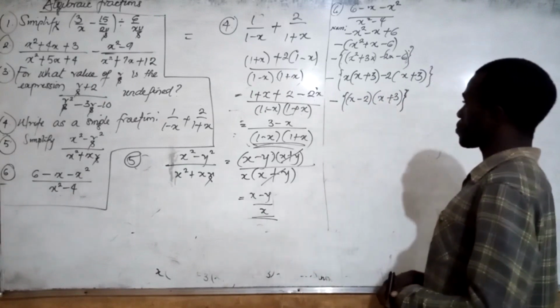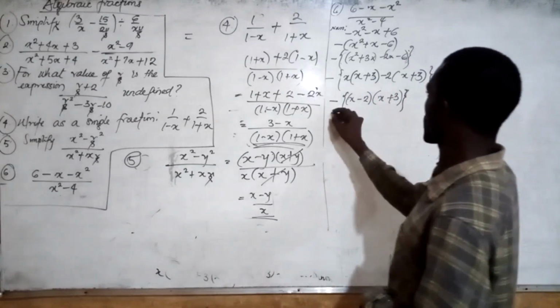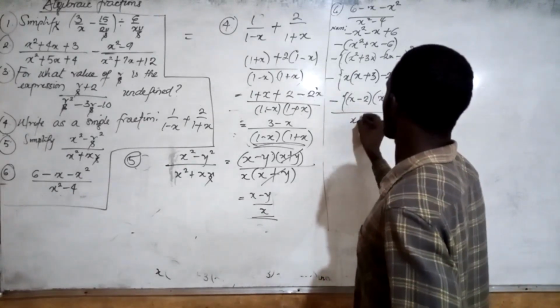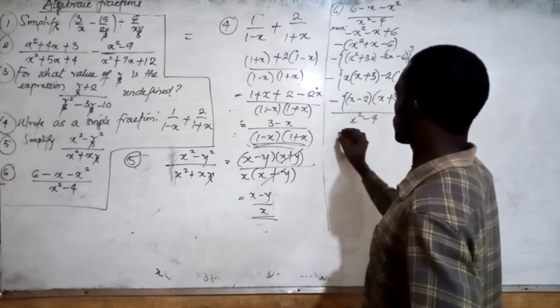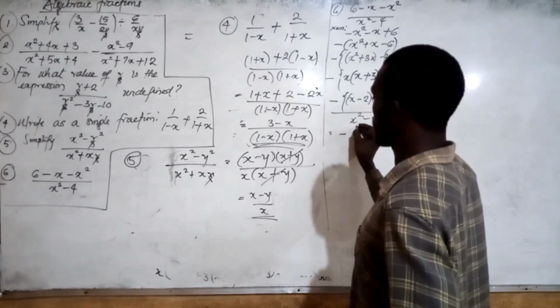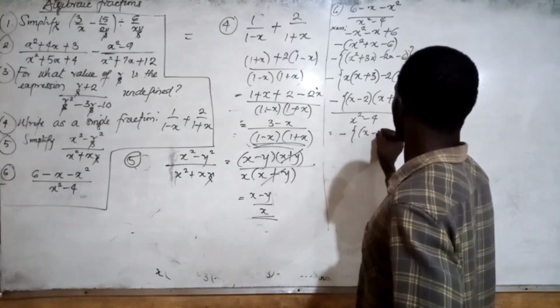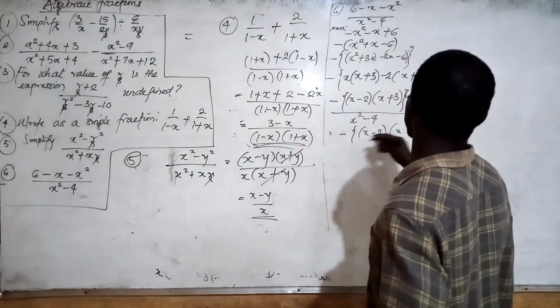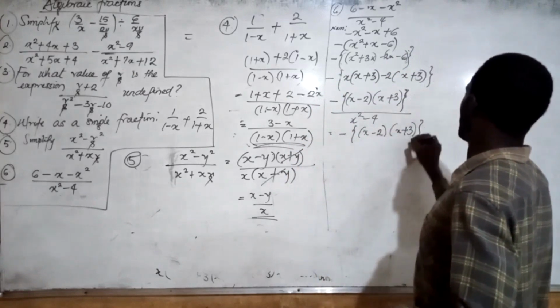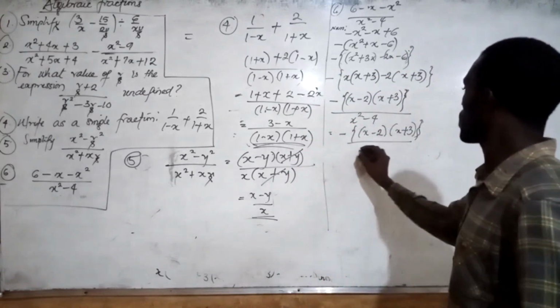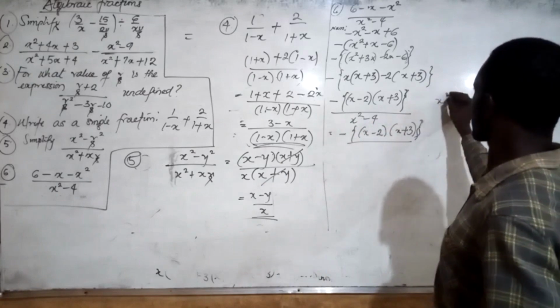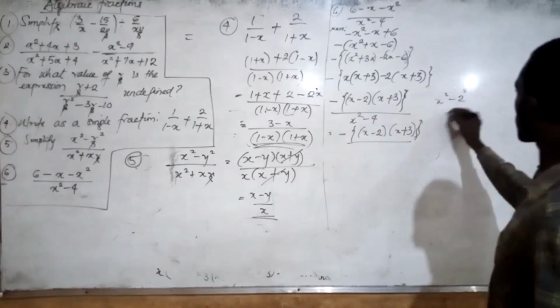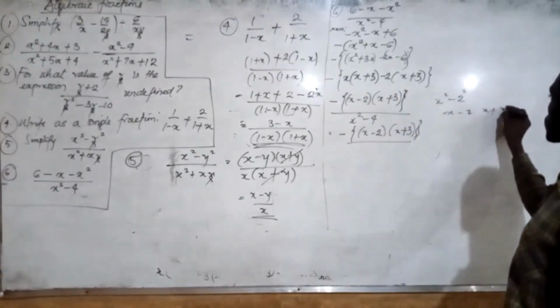Alright, so with what we have here, we can now introduce our denominator. We have x squared minus 4. So using difference of two squares, we have minus (x minus 2) and (x plus 3), all over. Difference of two squares, this becomes x squared minus 2 squared. So that will be x minus 2 and x plus 2.